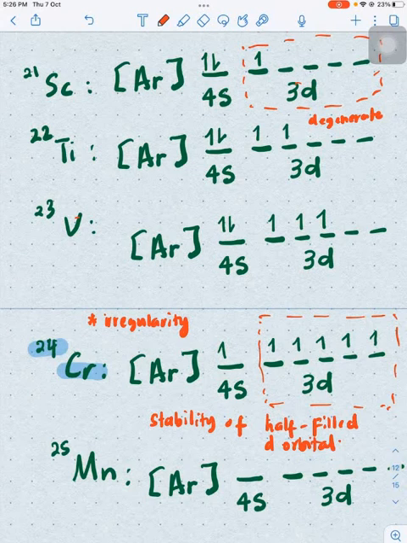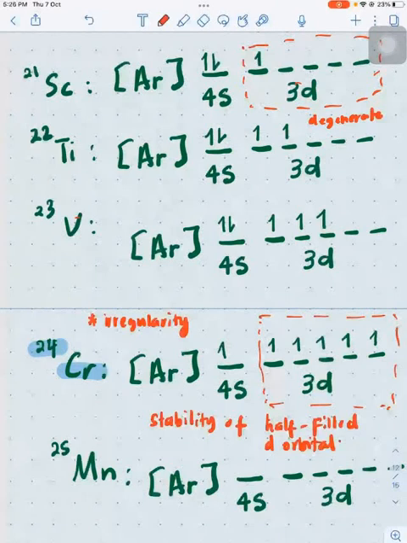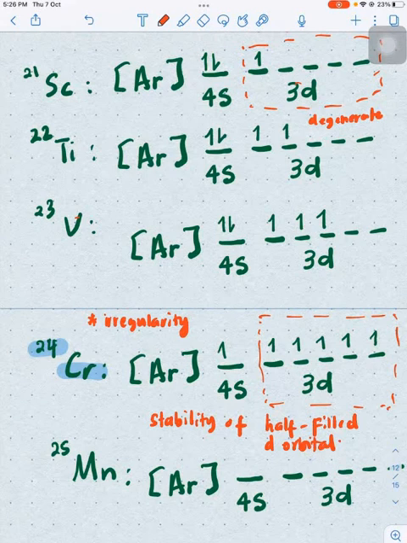Memang soalan suka tanya. Write down the electron configuration of chromium, dan memang ramai student yang akan bagi jawapan 4s2 3d4. Memang sangat-sangat selalu berlaku. So that's why I really want you to highlight in the periodic table so that kalau keluar dalam quiz ataupun dalam final exam, you akan ingatlah irregularity untuk chromium dan juga molybdenum kat bawah tu. Okay? Semua okay? Boleh?